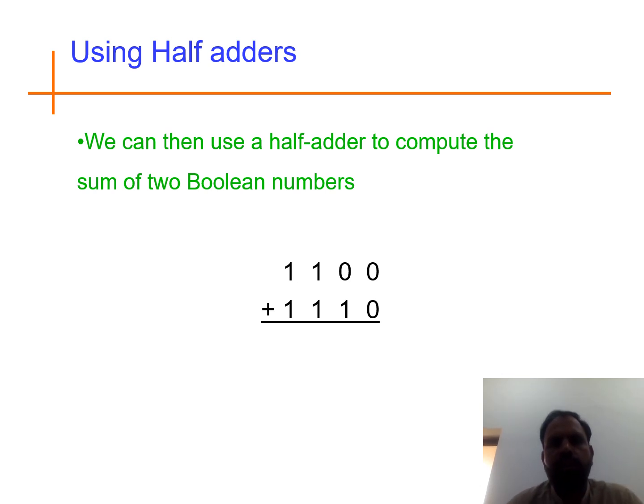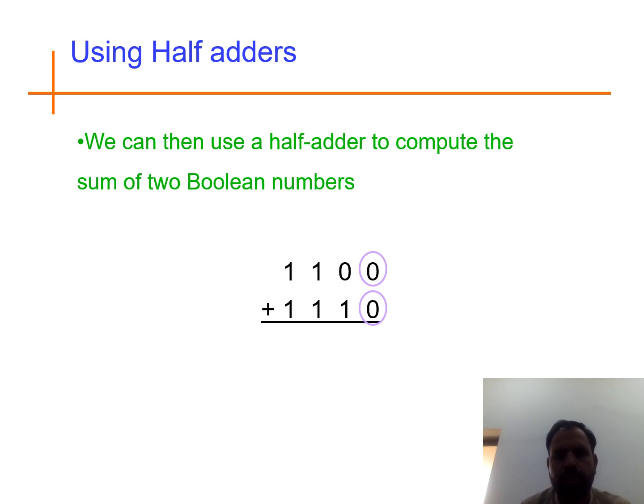Now using half adders, we can compute the sum of two Boolean numbers, 1 1 0 0 and 1 1 1 0.